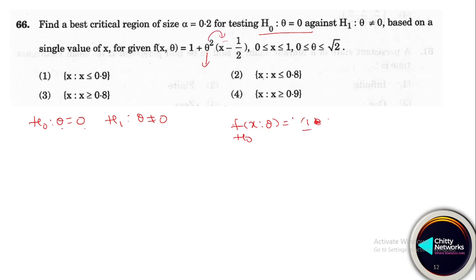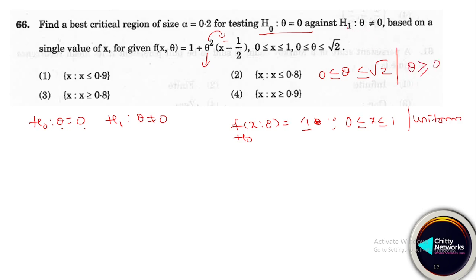And you see x lies between 0 and 1. What is this? This is nothing but the uniform distribution. And one more thing, you see 0 is less than or equal to theta, theta is less than or equal to square root of 2. You can see that theta is always greater than or equal to 0.